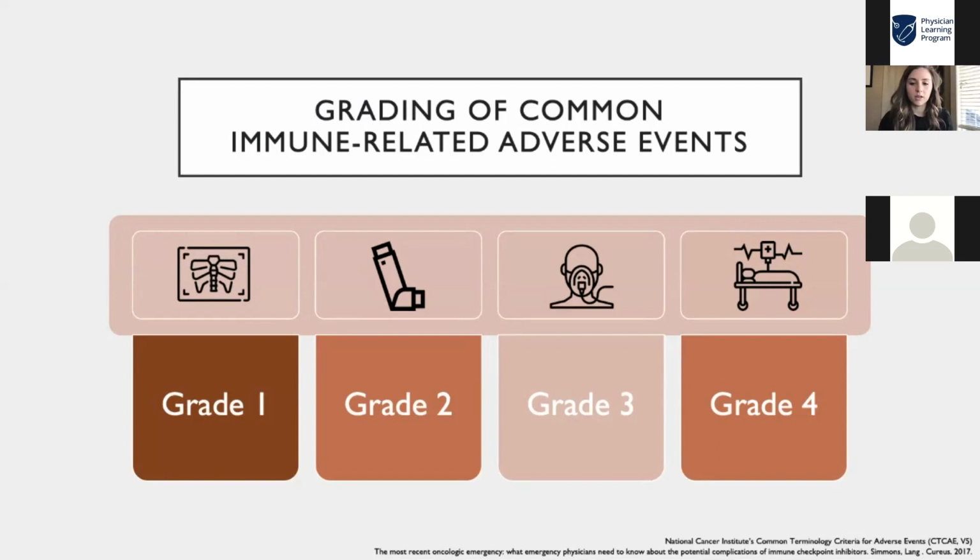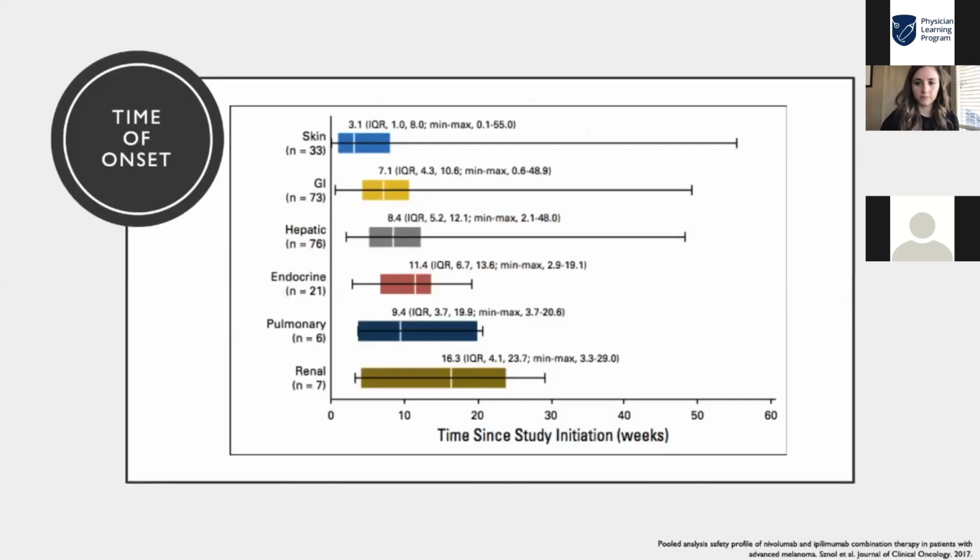Grade 2 is defined as patients with moderate symptoms that limit activities of daily living, and non-invasive intervention is usually required. Grade 3 adverse events are disabling and limit all activities of daily living, but are not immediately life-threatening, and these patients require hospitalization. And grade 4 adverse events are those that are life-threatening and require urgent intervention. Lastly, grade 5 is defined as death related to any adverse event.